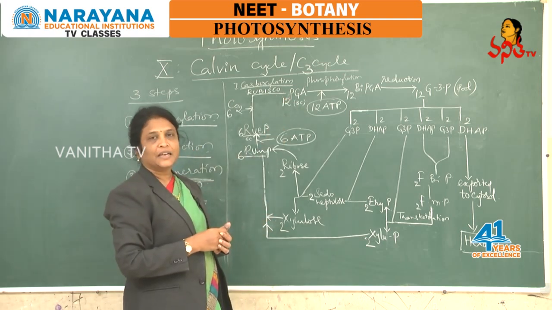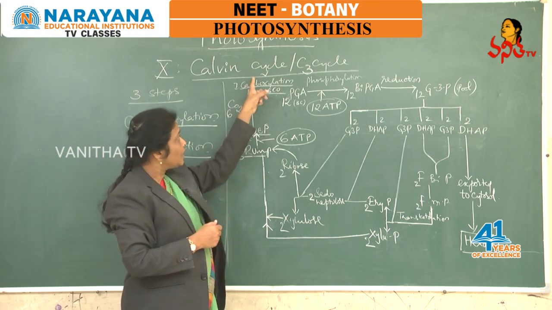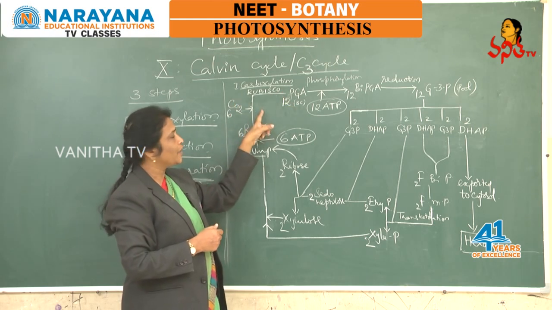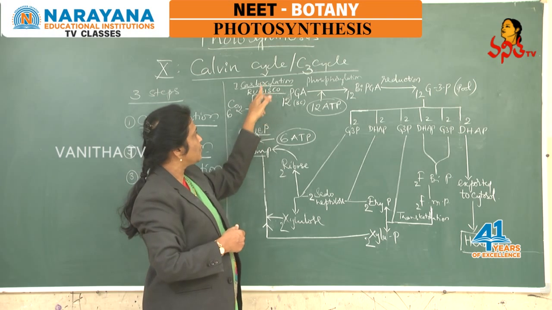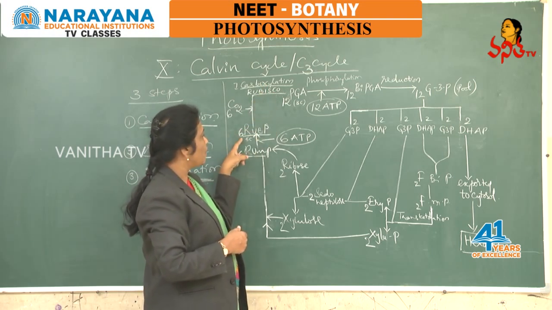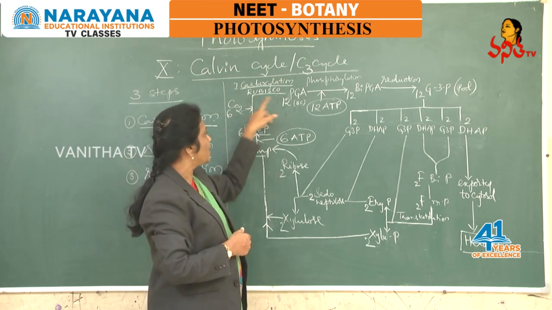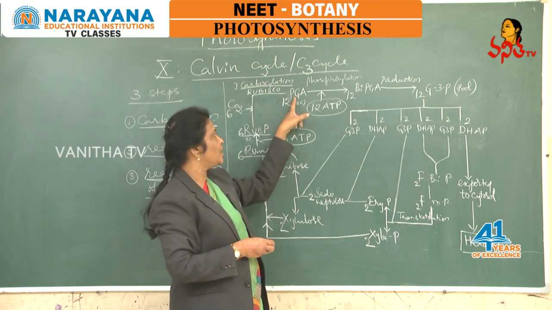It may show dual activity, like carboxylase as well as oxygenase, but in the Calvin cycle reactions during the carboxylation phase, it acts only as carboxylase. So, RuBP carboxylase catalyzes the carboxylation process, the first step of the Calvin cycle, where the RuBP molecule accepts carbon dioxide and fixes it in the form of organic acid, that is PGA, phosphoglyceric acid.